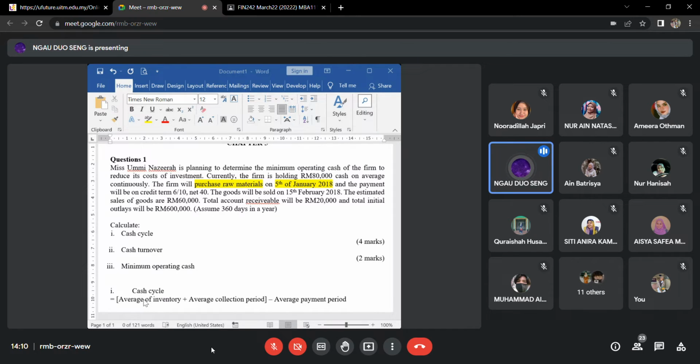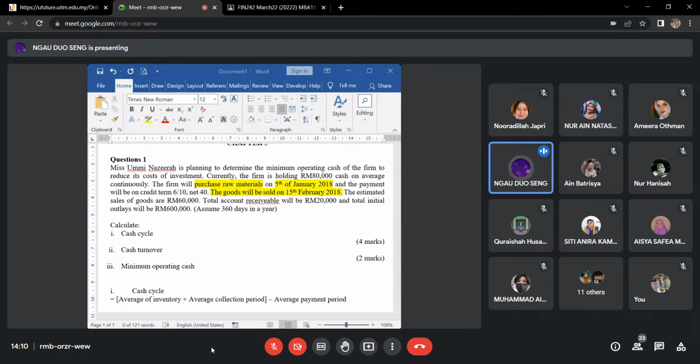So when we say average inventory, what is it? We have when we buy, until it can be sold. So it is sold. So we check when they sell. Here. So the goods will be sold. So they have given these two pieces of information.